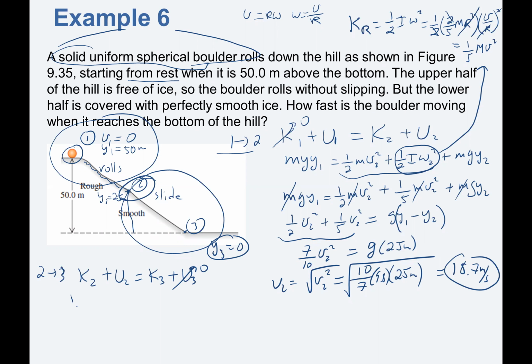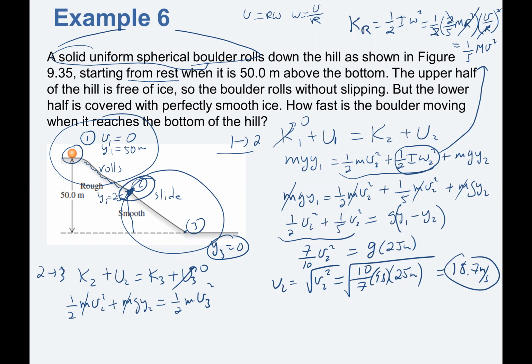So then I can say 1/2 mv squared plus mgy2. Remember, this is the speed at point 2. At that instant, when it starts sliding, all the energy here is purely translational kinetic energy. That means there's no more rotation there. Then this equals 1/2 mv3 squared, which is the kinetic energy at point 3.